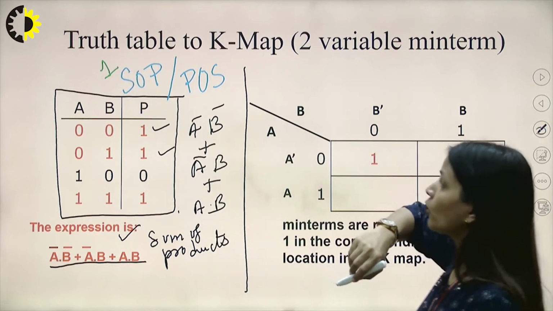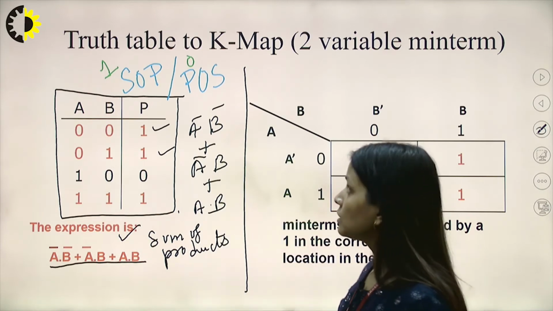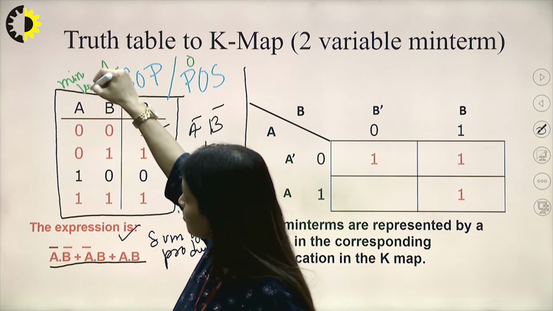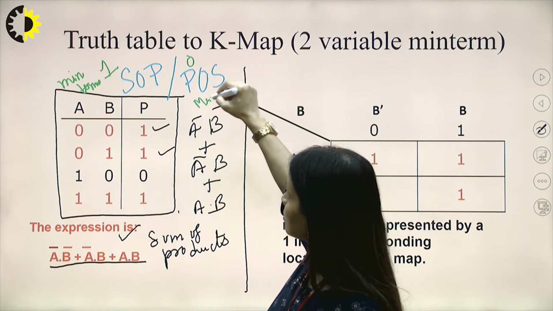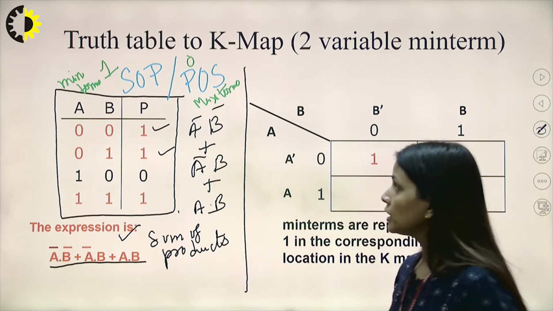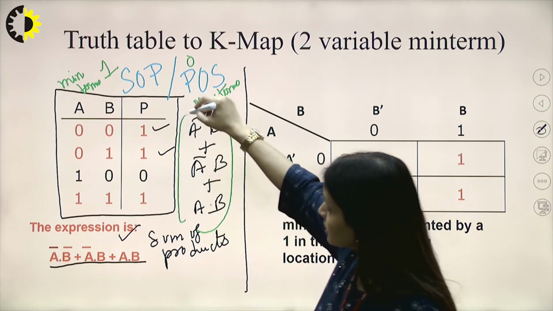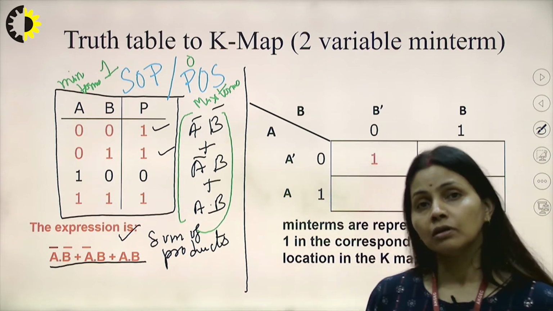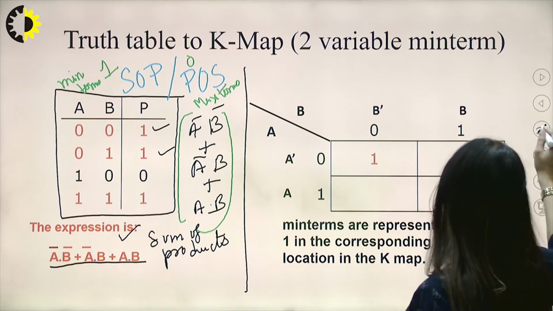If I am using POS form, then I will be using zeros. The ones are referred to as min terms and the zeros are referred to as max terms, right? So here I have written this in sum of product form. I want to simplify this Boolean expression. So what should I do then?